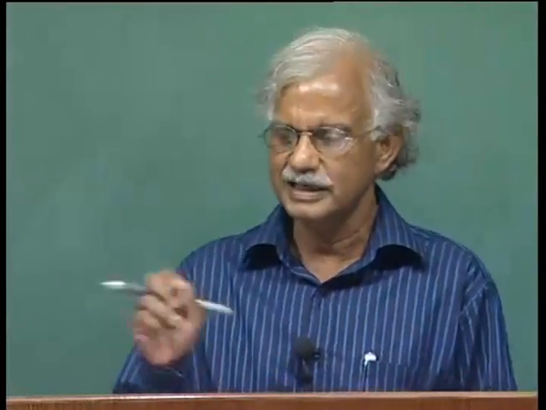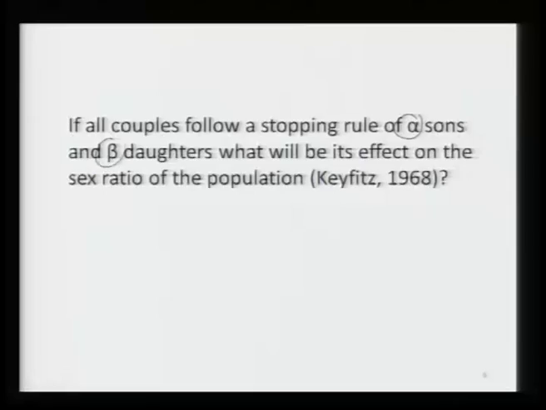In general, if the stopping rule in notation is alpha sons and beta daughters, people want alpha sons and beta daughters, what will be its effect on the sex ratio of population or on the total number of children?